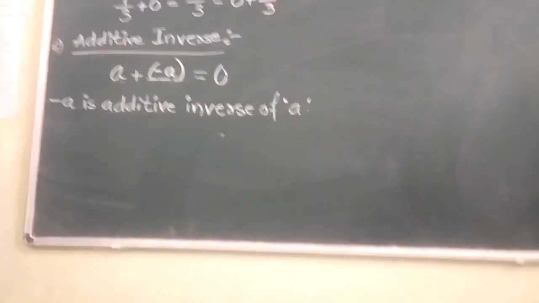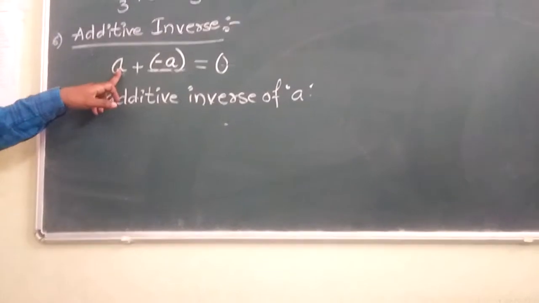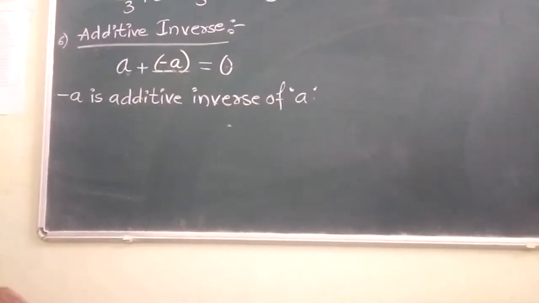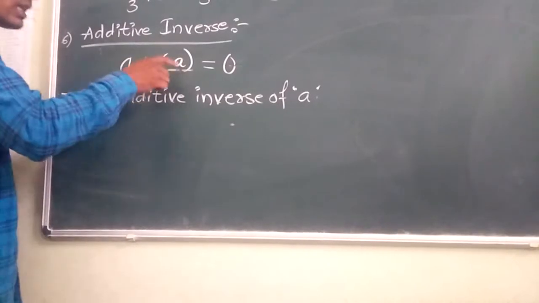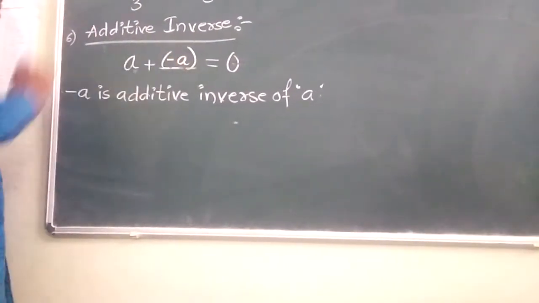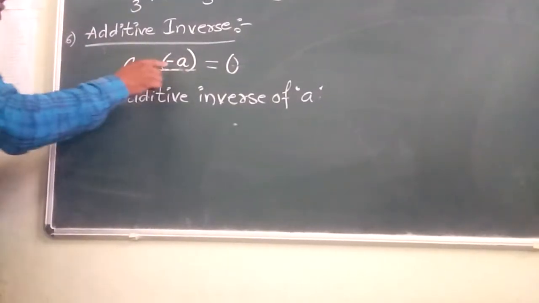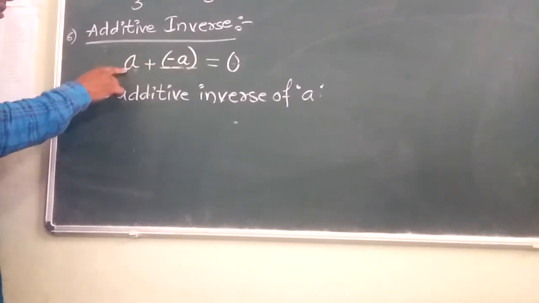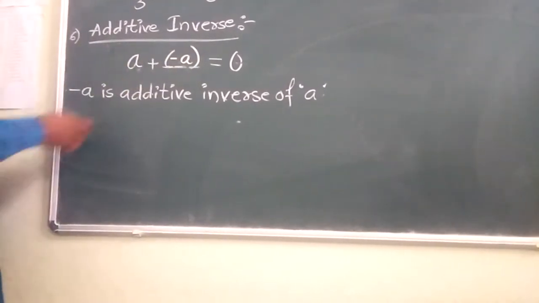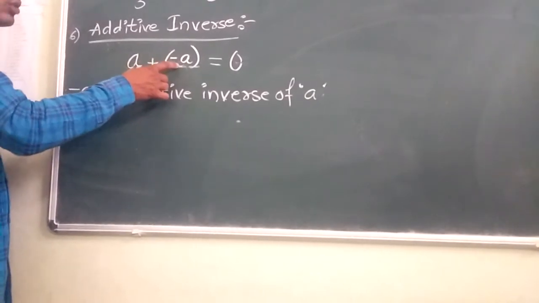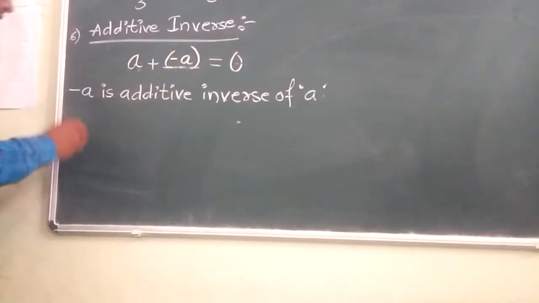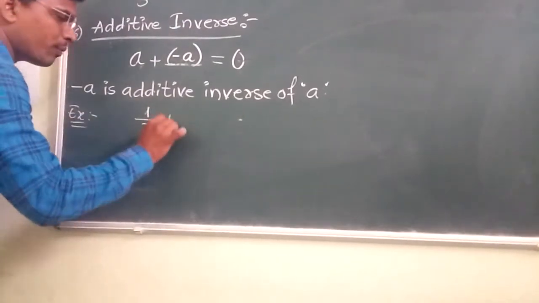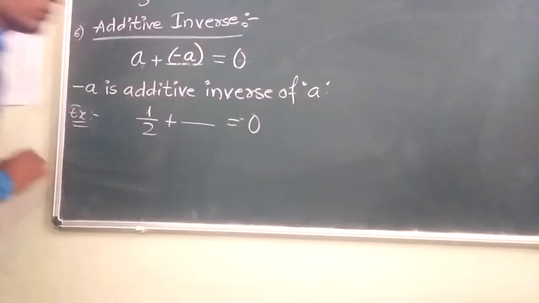So for a rational number, if you add a number to it, you should get the sum as 0. So what is the number? The same number but the sign should be opposite, then only we can call minus a the additive inverse of a. Why? Because if you add both the numbers you should get the sum as 0. For example, 1 by 2 plus dash is equal to 0.